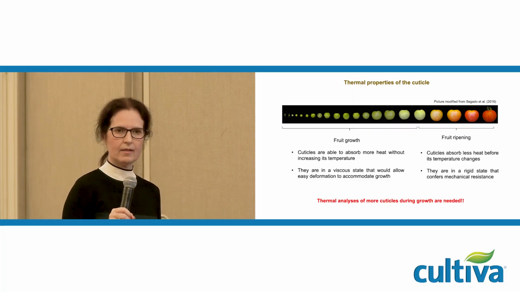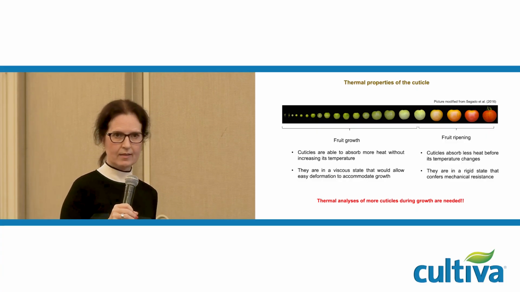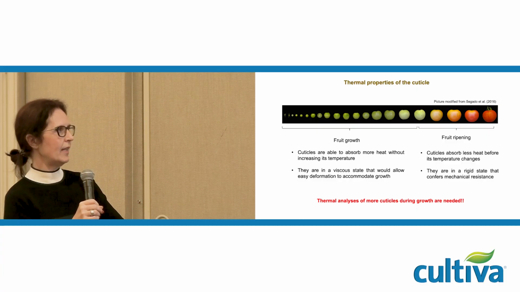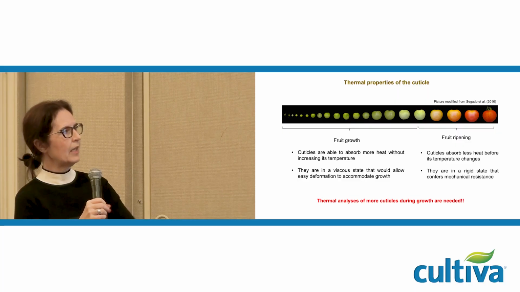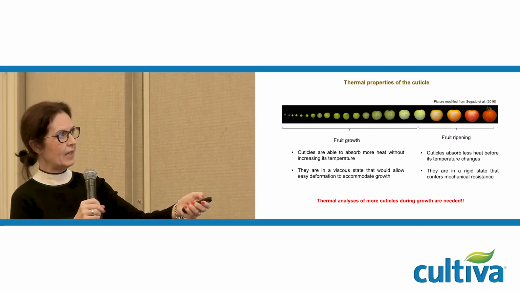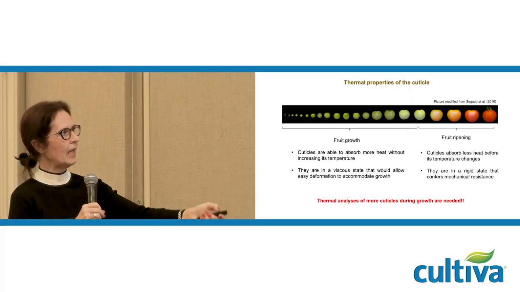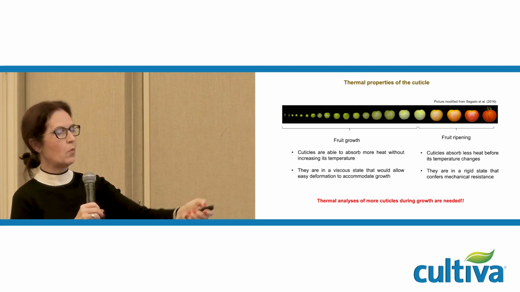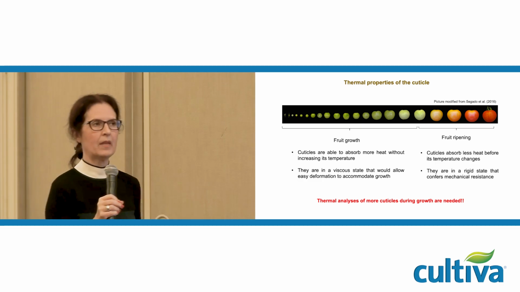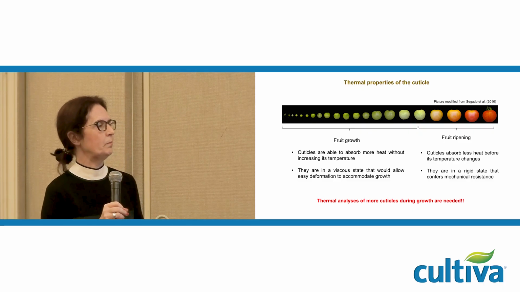And so it makes sense that it will be very flexible, very deformable, and very easy to change its shape. During ripening, on the other hand, the cuticle absorbs less heat without changing its temperature, and it is in a more rigid state. That means it is more mechanically resistant, but at the same time more prone to cracking sometimes.